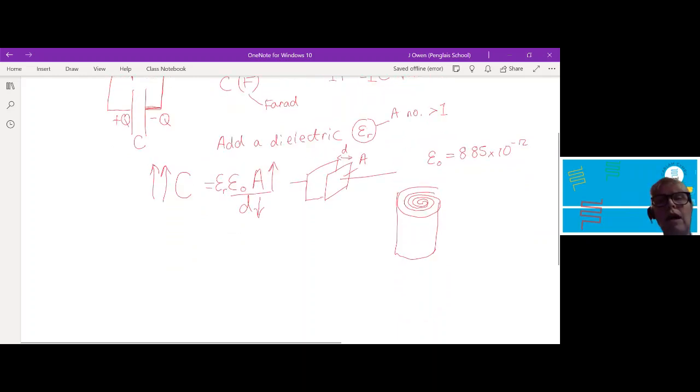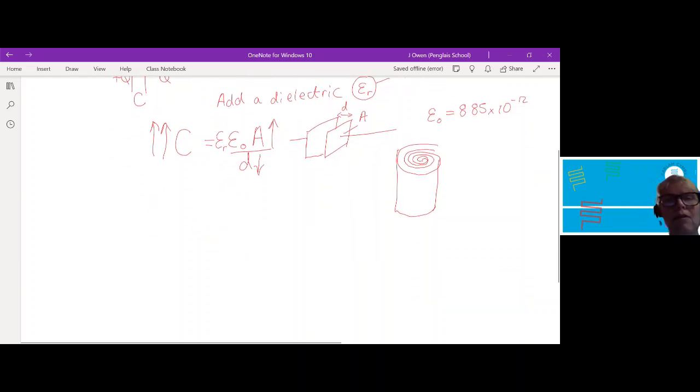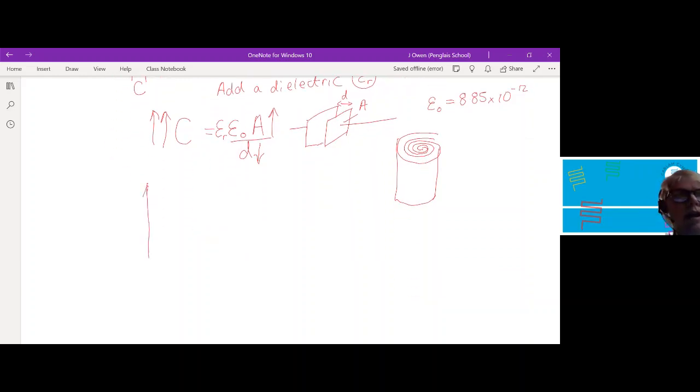We can work out the capacitance by measuring the charge stored with the voltage, and we get a straight line, and that gradient will be given by Q over V, which is our capacitance.